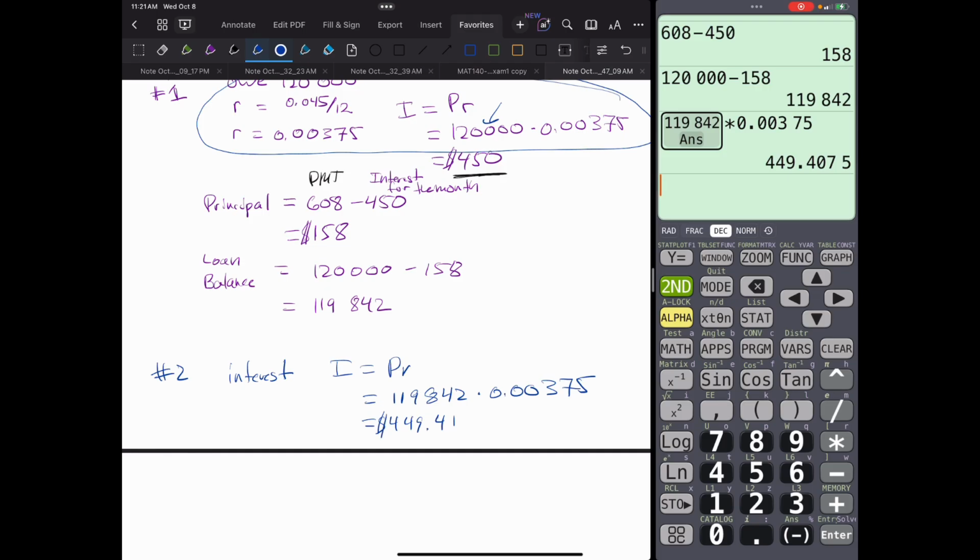What's interesting about that? $450 was what I owed last time. $449.41 is what I owe this time. It's kind of predictable. Slightly less interest owed because I've borrowed slightly less money. And so I'm renting slightly less money, so I have slightly less interest owed.